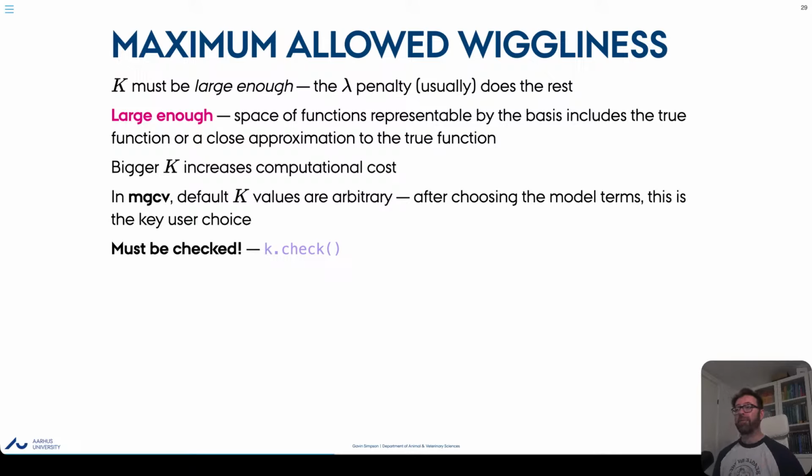But if you're working with a very large data set, and you might have on the order of tens of thousands of basis function terms in a complicated GAM, then if you're setting k to be unnecessarily large just for the sake of it, you're going to make your model run really slow. So this is one area where you do need to do a little bit of thinking ahead of time.